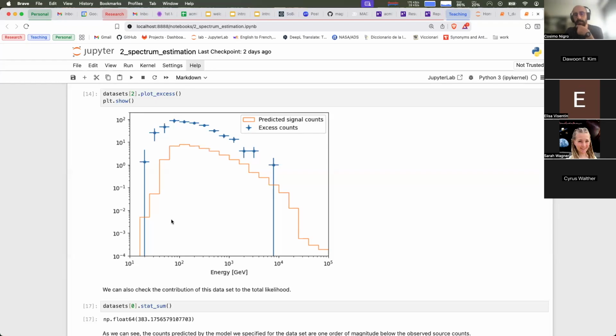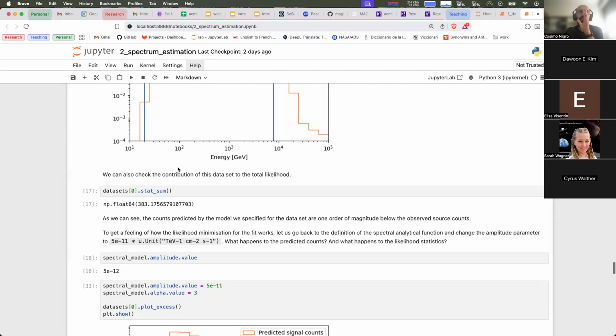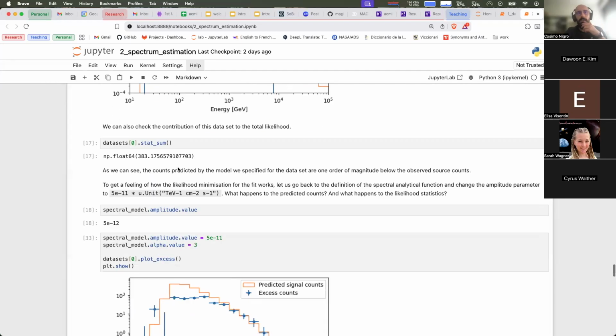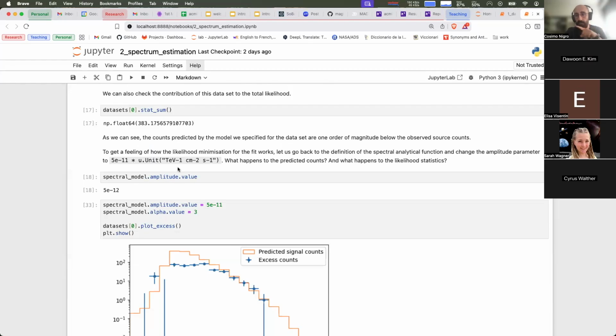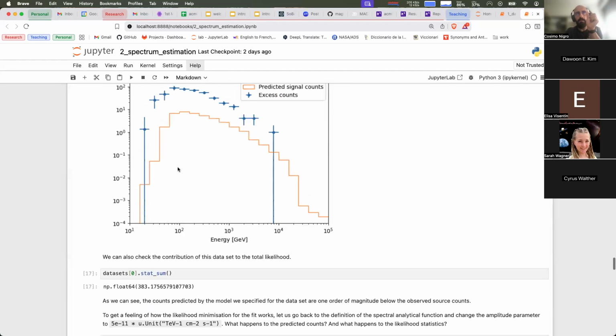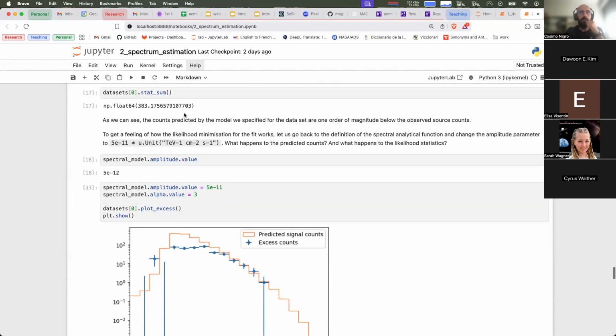Is it clear? Does this address the question? Okay, perfect. So better to have a denser true energy axis because we have to integrate over all that axis, while to estimate the counts in a single bin, we just need to integrate over a single estimated energy bin.